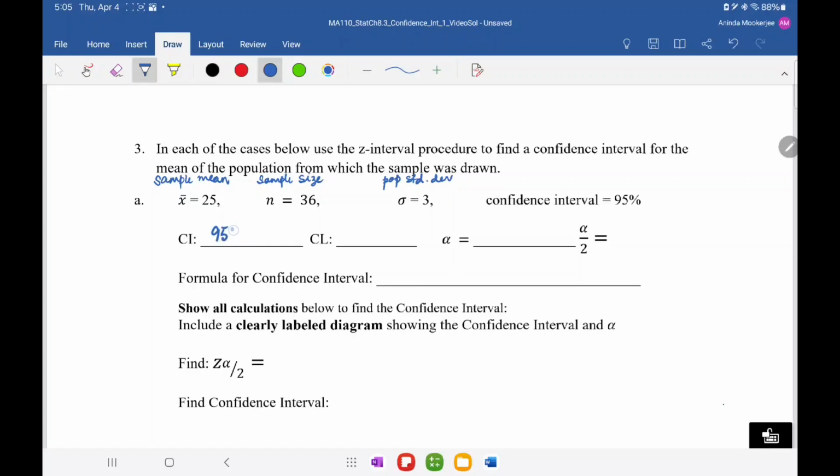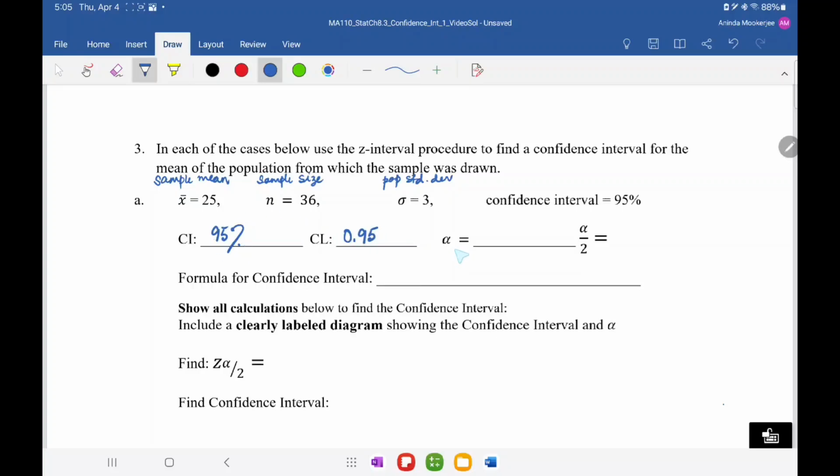Confidence interval is written in percentage form. CL is confidence level, which is the confidence interval converted to decimal. So just divide 95 by 100 and you'll get 0.95, which is the decimal form of the percentage.